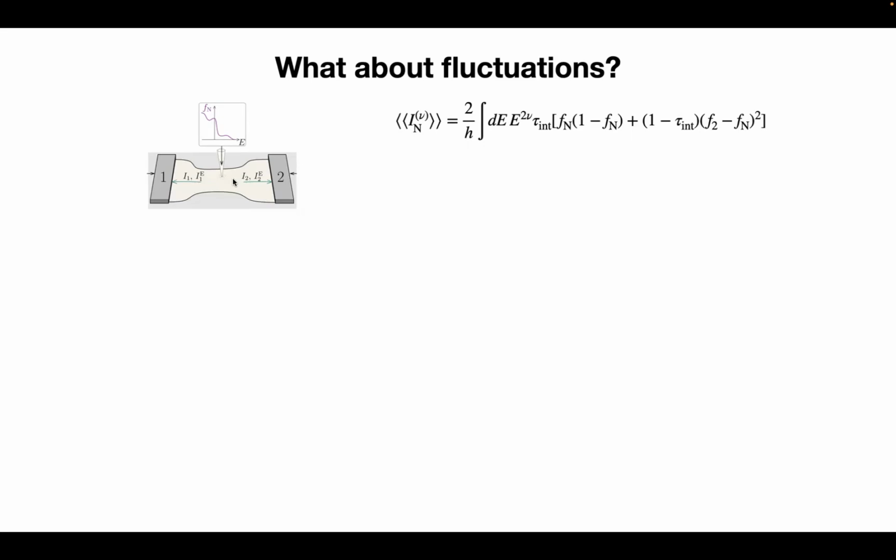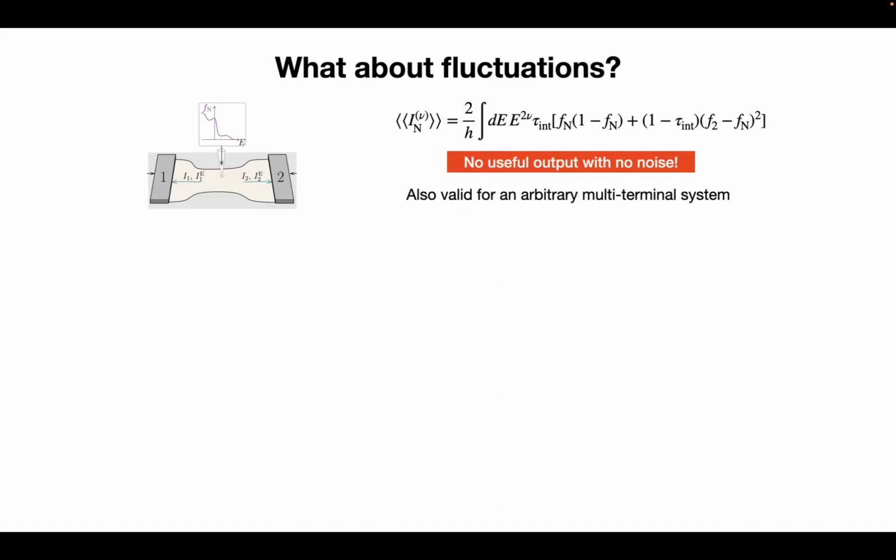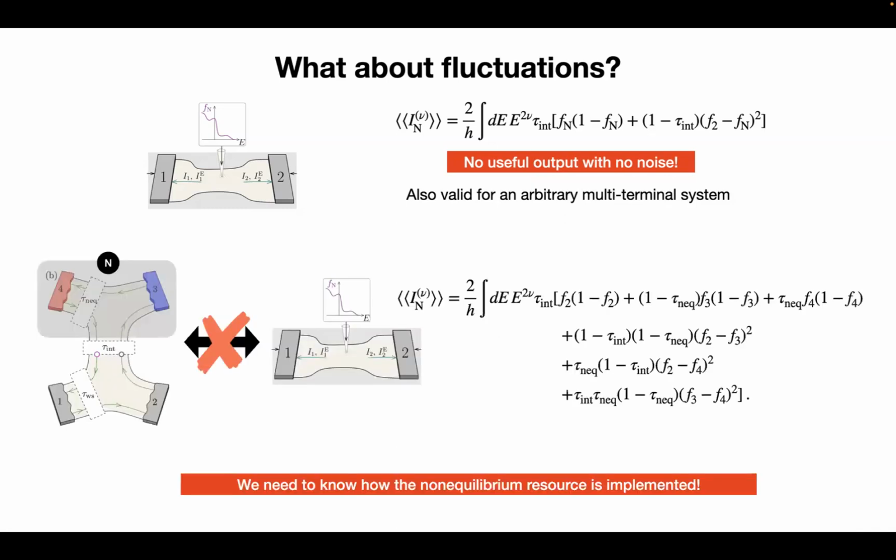And this kind of reasoning can also be extended to whatever combination of reservoirs. You just take a multi-terminal system, let's say one of them provides the non-equilibrium and all the other ones are just your working substance. This reasoning also extends to this more complicated system.